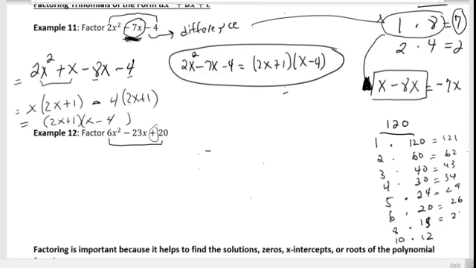So 8 plus 15 would be 23, and 10 plus 12 would be 22. We want the 23. That means these would be our factors.